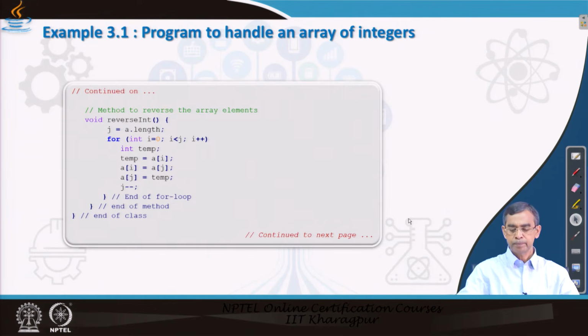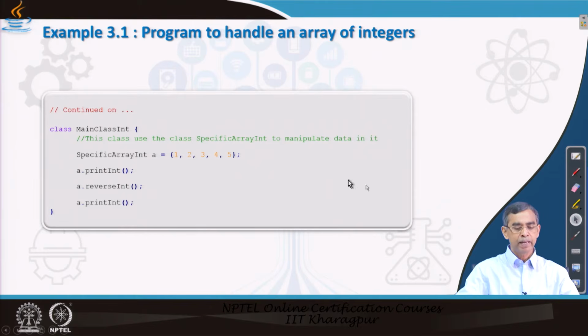And finally, the main method, which will look like this. Just here, as we see, we declare an array A, then we call this object A for the print method to print the elements of the array A, and then reverse the elements, and then again after reversing, print the array elements.